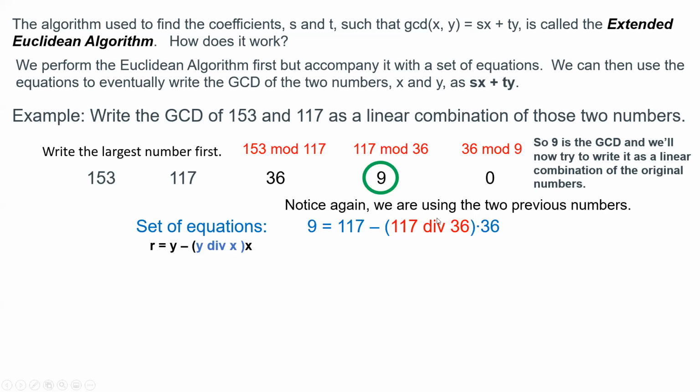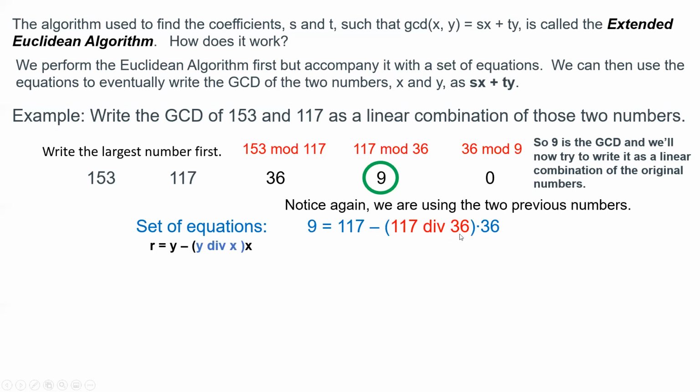And we have to remember that that's div and not mod. I've been known to accidentally use a mod there. But for these equations, we've got to remember it's a div here. So that's one equation that we know is true based on this little thing that we just learned.